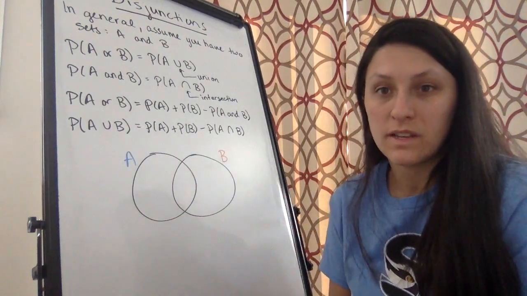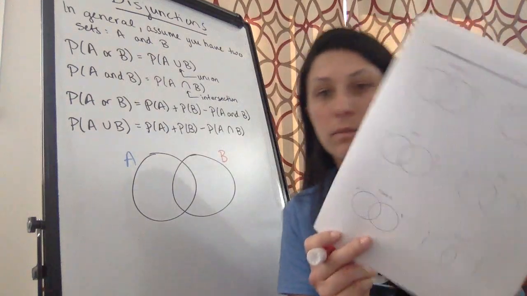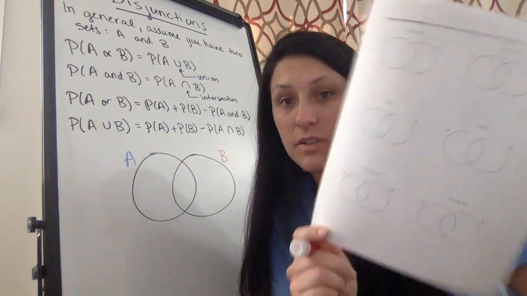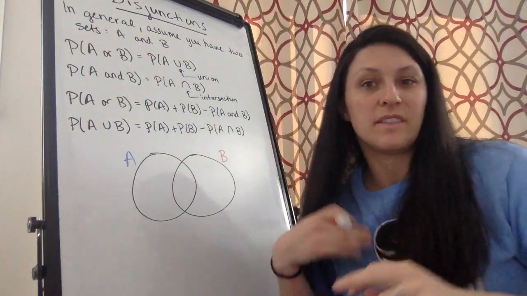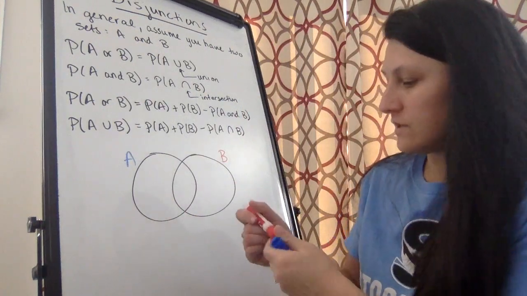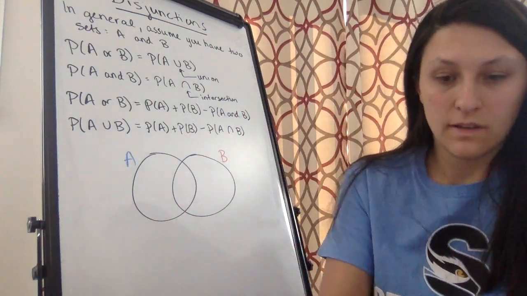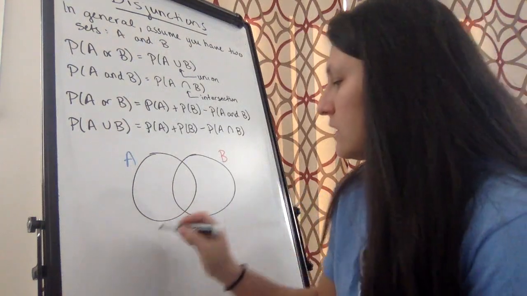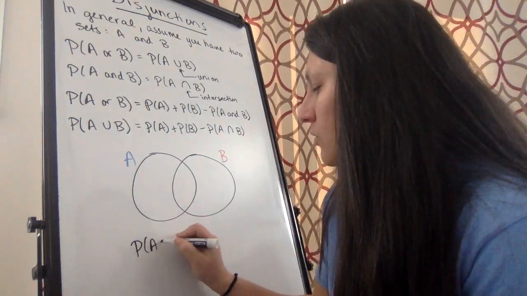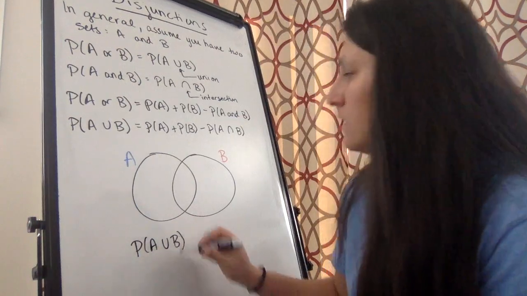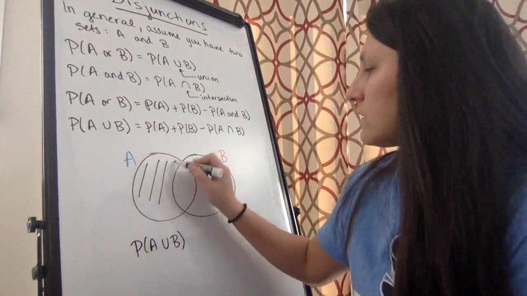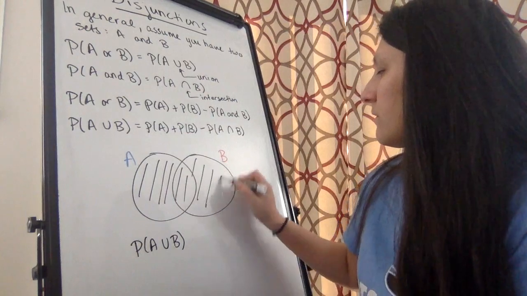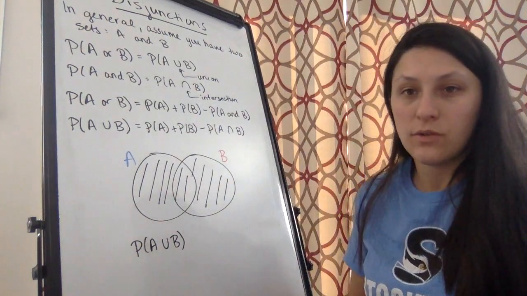Put all of this in a separate place. So like in my notes, I'm going to have a bunch of shaded bubbles like this. So you should do each one. Okay, so first of all, here's the probability of A union B, or A union B. It would look like all of this. That's A union B.